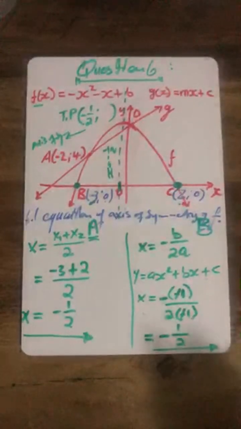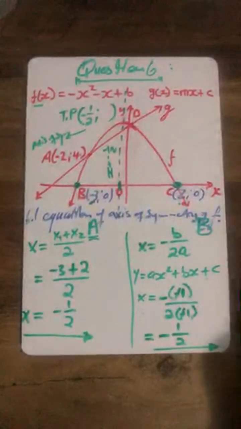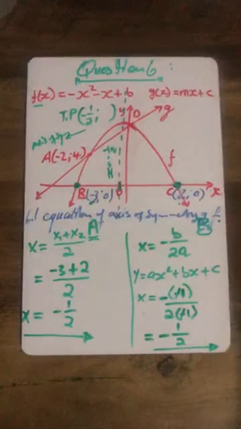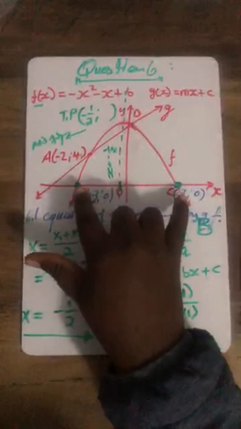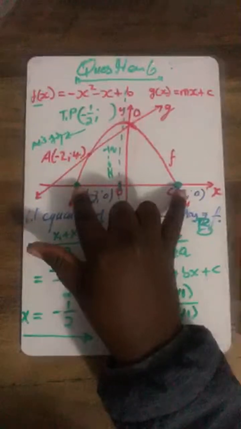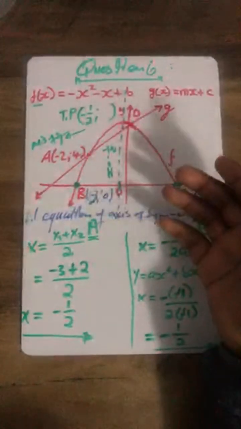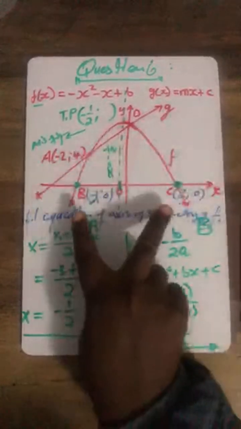So did you guys understand? You can just comment by indicating which method you think is easier. But you need to know that if you don't know what your x-intercepts are, then you use this formula. In this case, you can use both options because you calculated the x-intercepts, and you also have the equation.